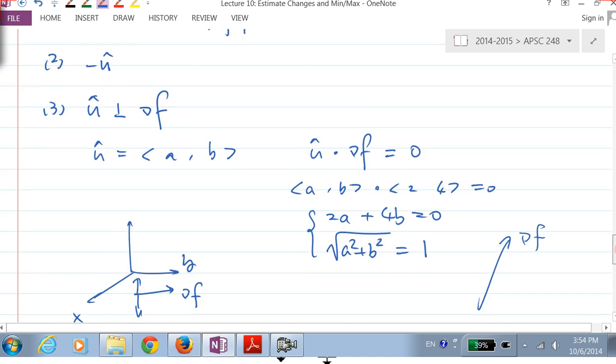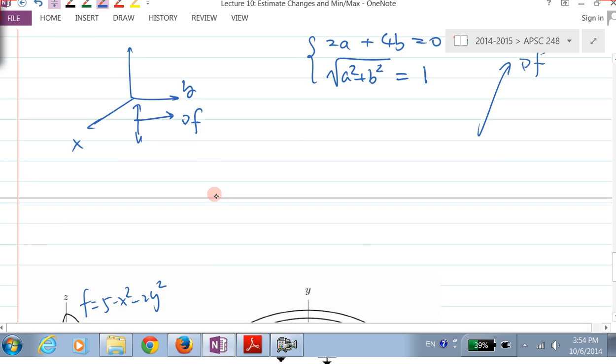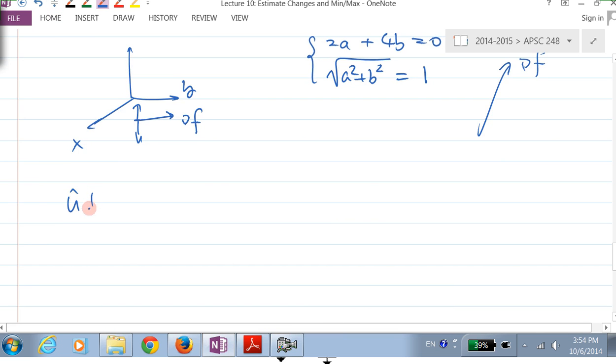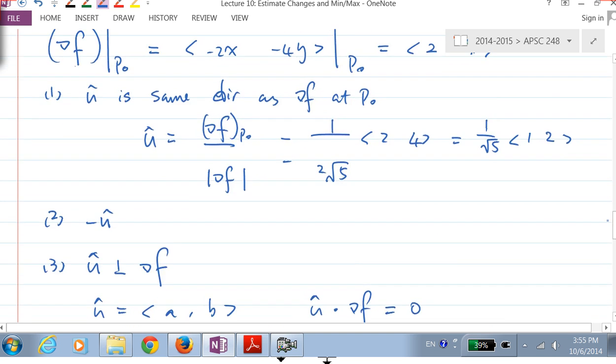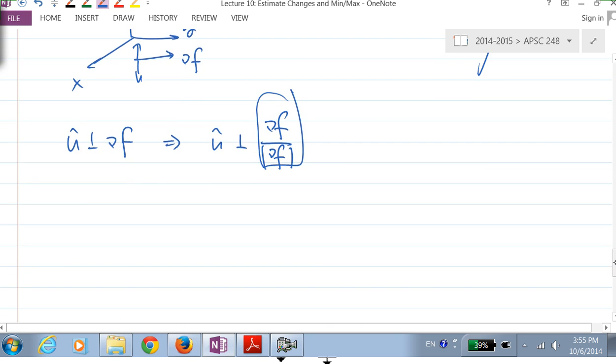So first of all, we're looking for a U hat perpendicular to del F. Or in other words, the U hat must be perpendicular to the unit vector created by del F. Now what's this one? I think we just solved that in part 1, which is this guy here. So U hat is perpendicular to this one, which is already a unit vector.